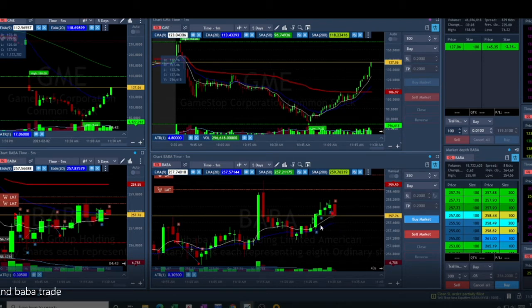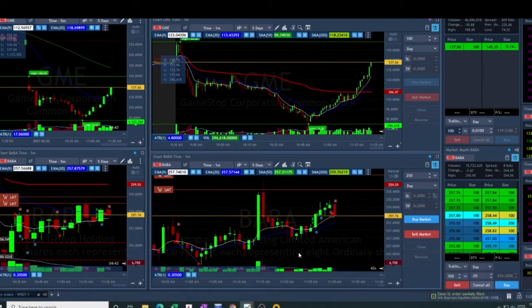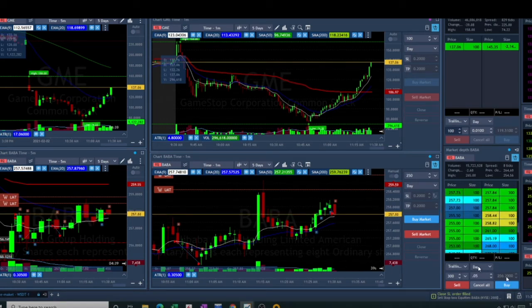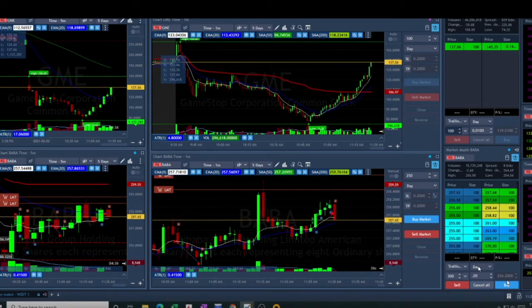I have a stop out. But no, this is proper risk management, because if it crosses half of the candle, and you see the previous support here, I know that if it breaks this, it's likely going to break this, and this setup is going to fail. So I don't want to take a risk where my setup is failing, so I don't need to be in the trade, and I exited.